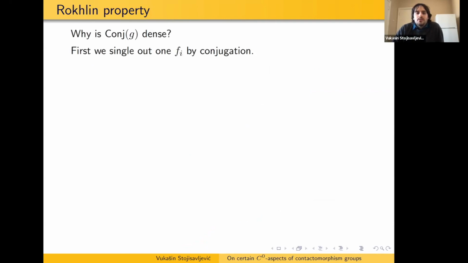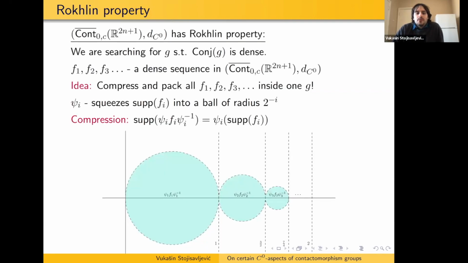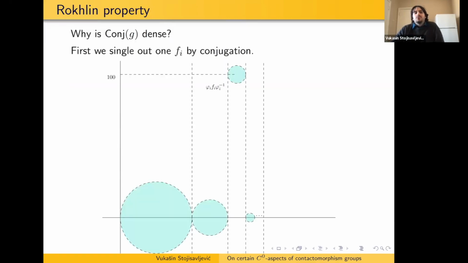What I'm claiming is that from this picture, by conjugation, you can arrive at something like this. We choose the f_i that we want, and we put it all the way up, let's say at height 100, but you can do this just by conjugating again with an isotopy which is inside this tiny strip, and the support of the conjugate is the map of the support.